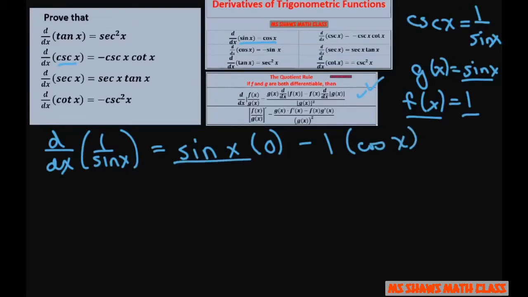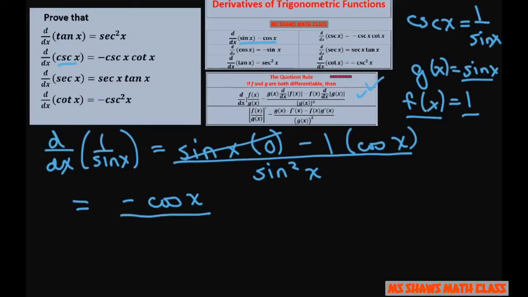And then you divide this by sine squared of x, your g. So this is just 0, and you get negative cosine of x divided by sine squared of x.